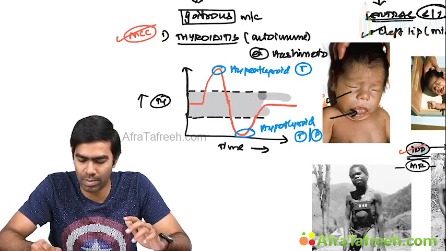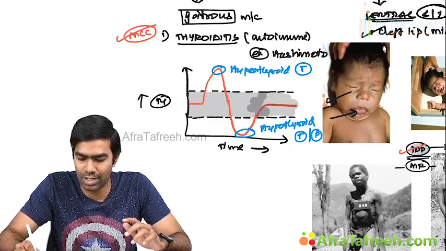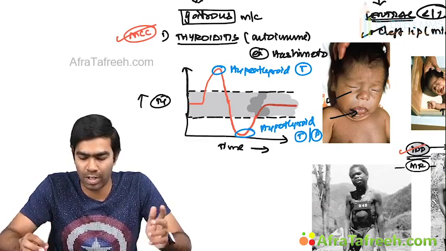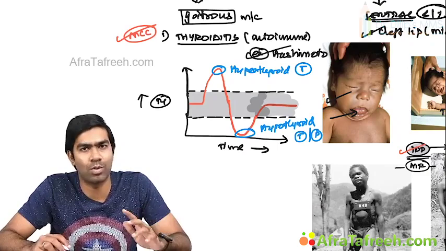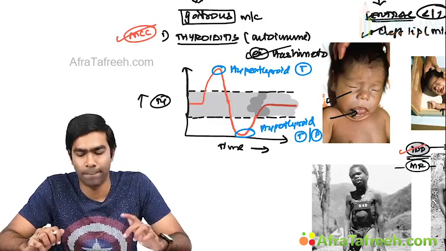They might or they may not, it depends. This is the euthyroid range. So this is a classic three-phase response for thyroiditis, and the very common thyroiditis in the world is Hashimoto's thyroiditis only. That's why we are going to discuss Hashimoto in detail in the future.